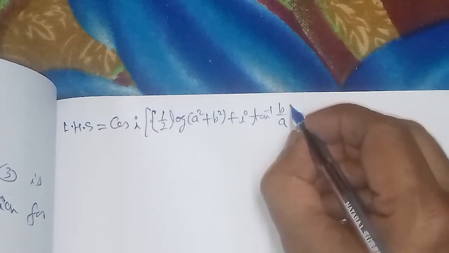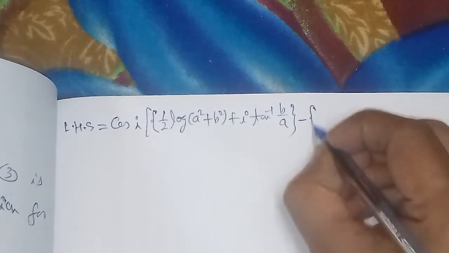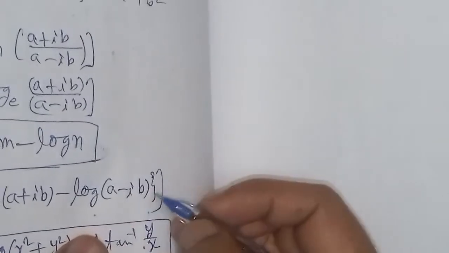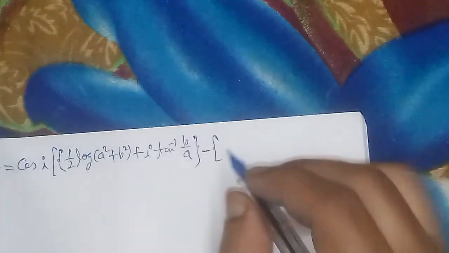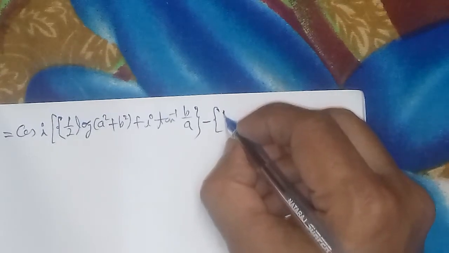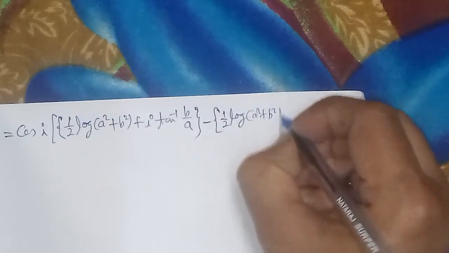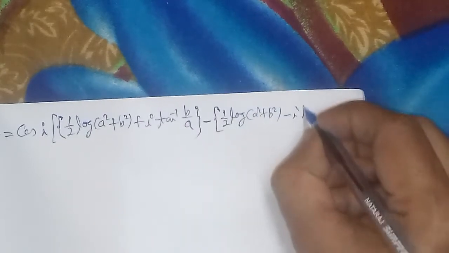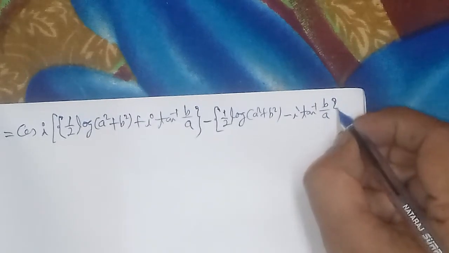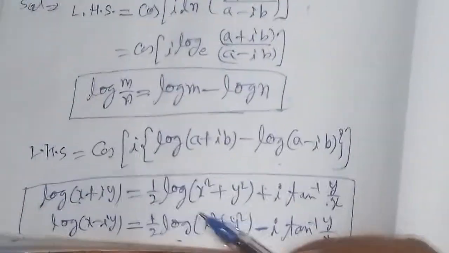Minus the value of log(a − ib), which according to the formula I write as 1/2 log of (a² + b²) minus i tan inverse b upon a. This value is according to the formula which I explained here.